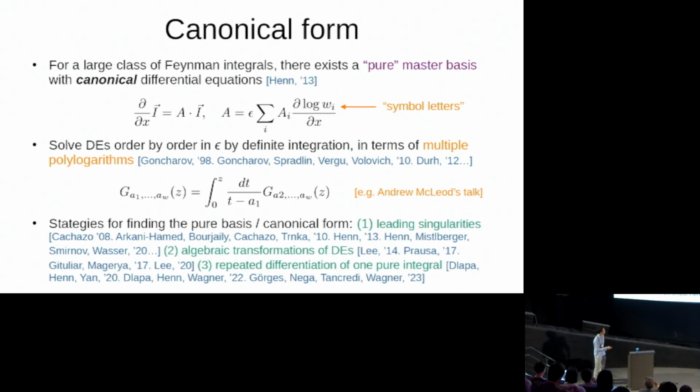And people have devised many strategies for finding a good master basis that land you onto the canonical basis of differential equations. And many of these methods have been tremendously useful for our calculations.